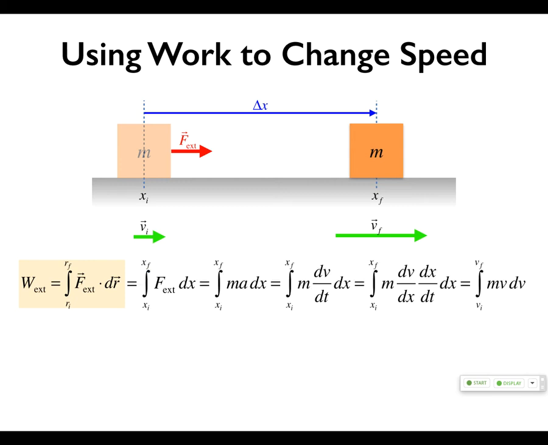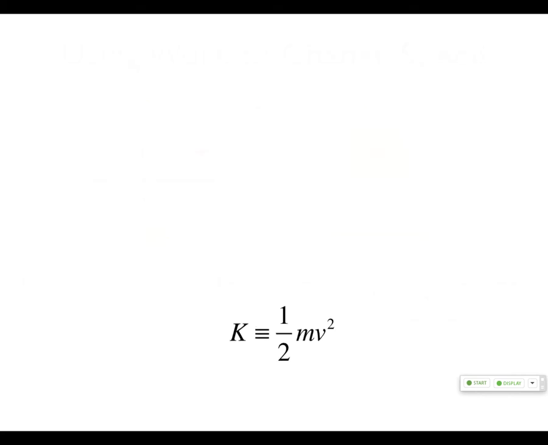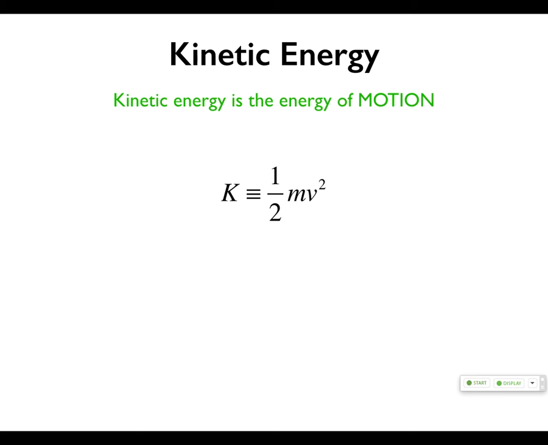So here's, if you want to go back through this at home, and then you end up with something that looks like this. It turns out these are kinetic energy terms. Remember, kinetic energy is 1/2 mv squared. So this says kinetic energy is the energy of motion.